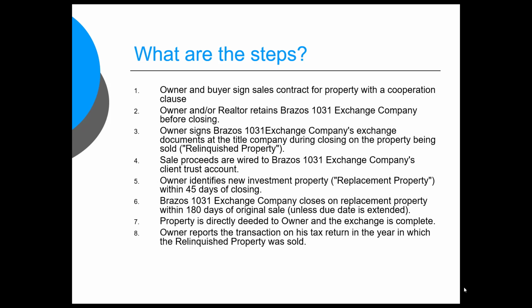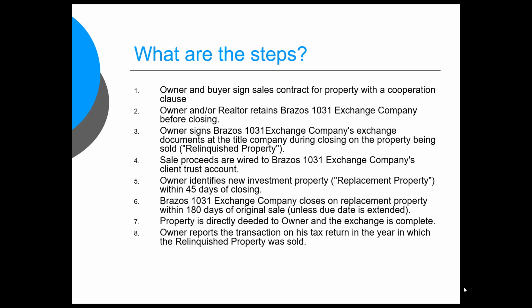The second step is that the owner would retain the exchange agent, so in this case, Brazos 1031 Exchange, before the closing. And so this gives us time to get with the title company and get all the documents that we need done. Then what's going to happen next is you will sign some documents to memorialize the exchange.